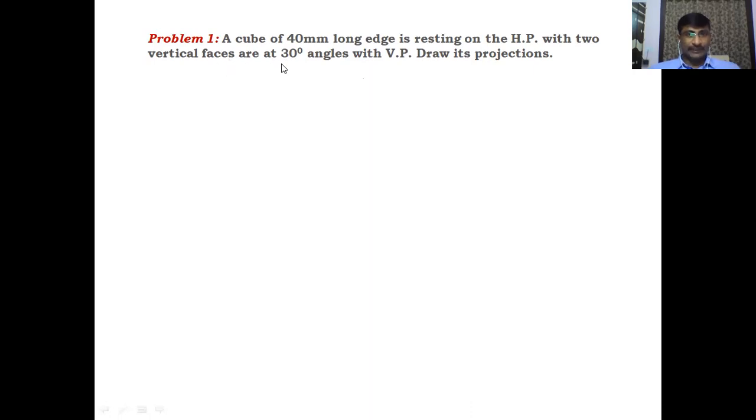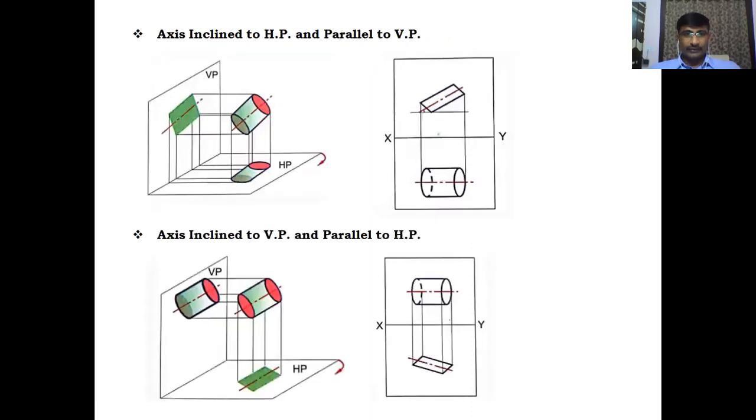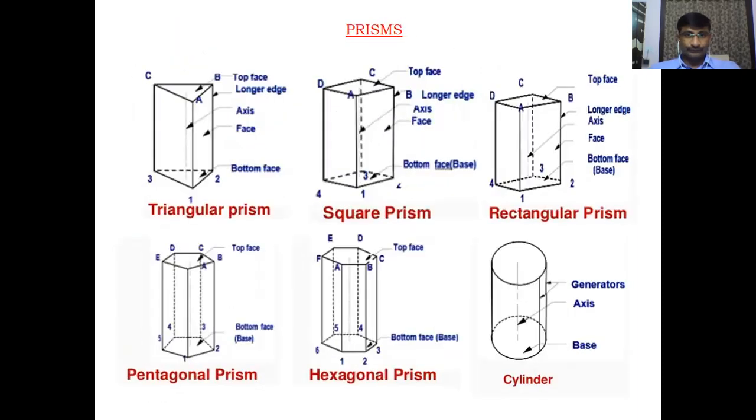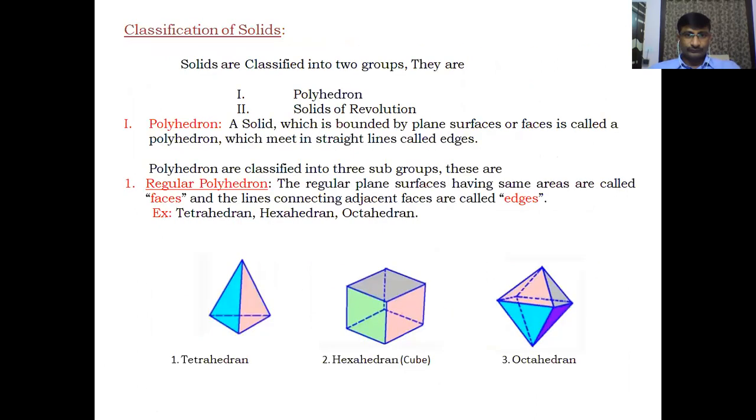Out of the 6 faces, 2 of the vertical faces are at 30 degrees angle with VP. The cube has how many sides? This is a cube, hexahedron or cube. It has 6 sides. Out of these 6 sides, 4 sides are vertical and 2 sides are horizontal, isn't it?